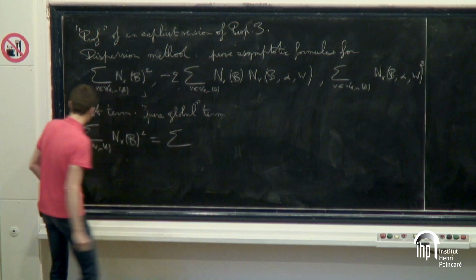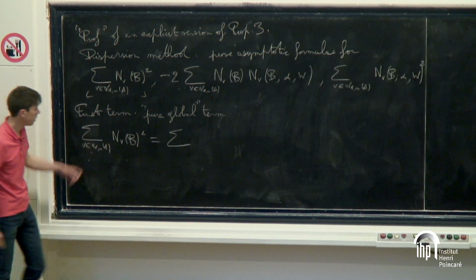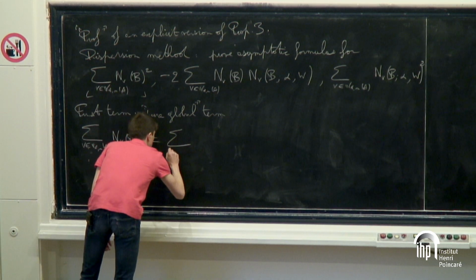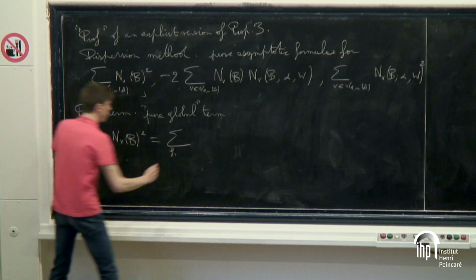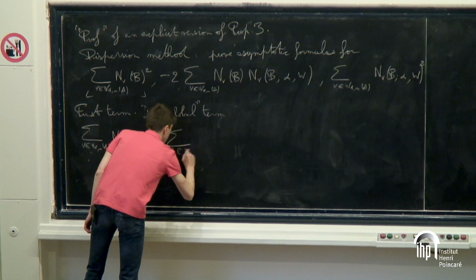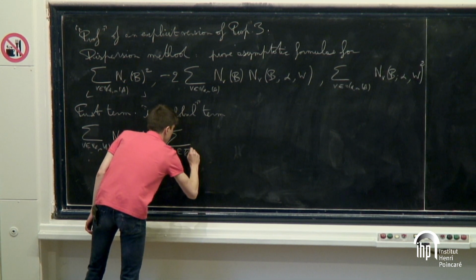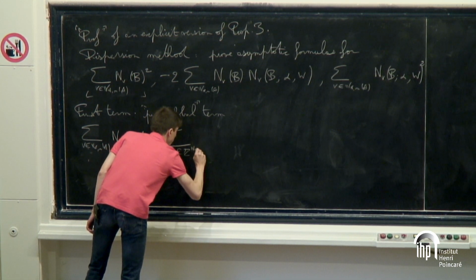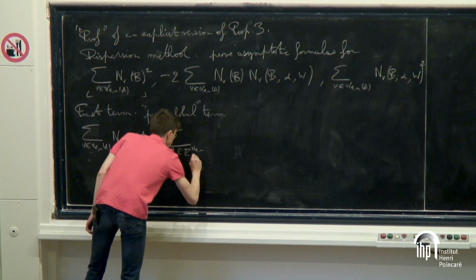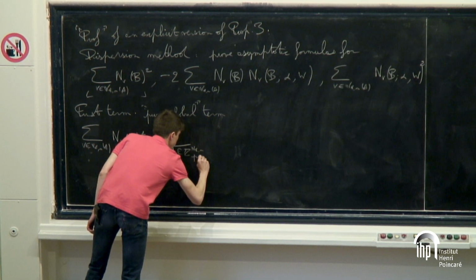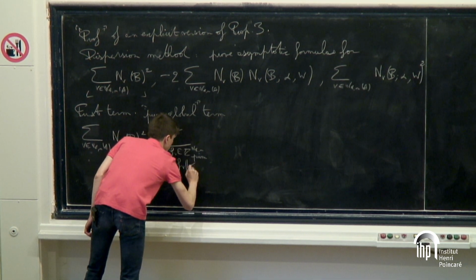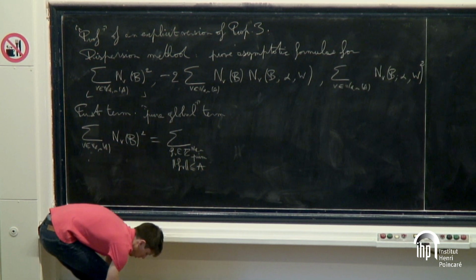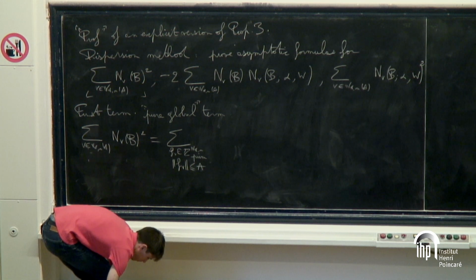So when I sum over V in VDN of A, I'm actually summing over some polynomials F_V in some power of Z, and I want them to be primitive, and the norm of F_V is at most A.